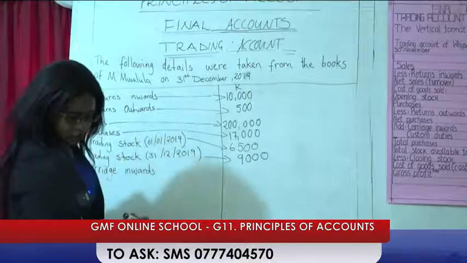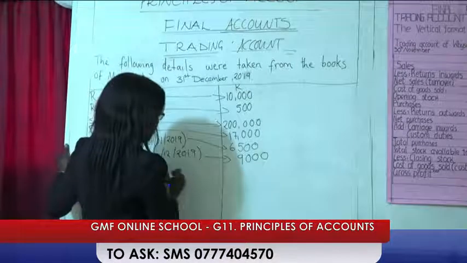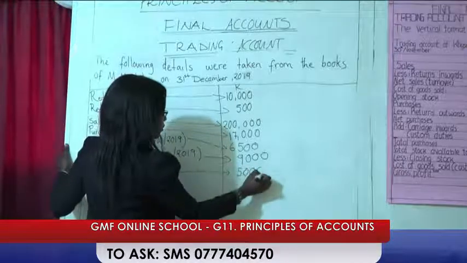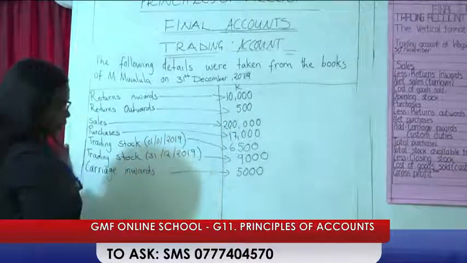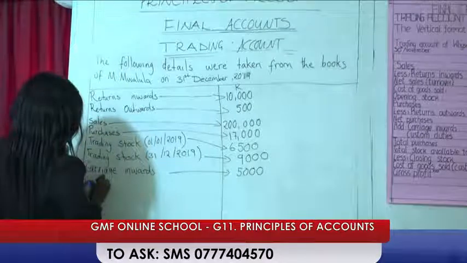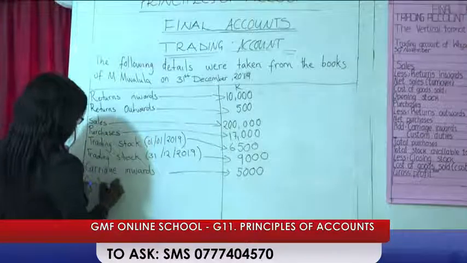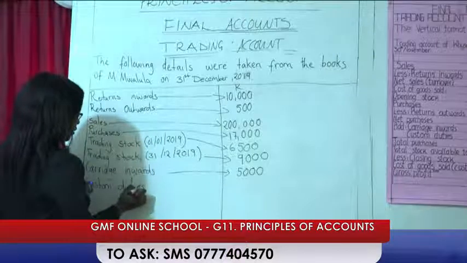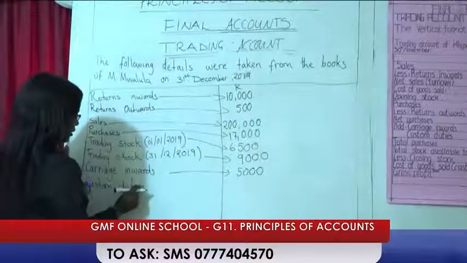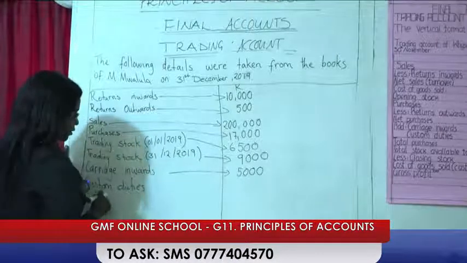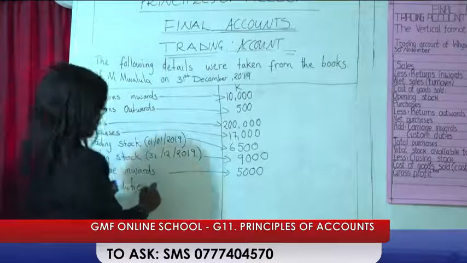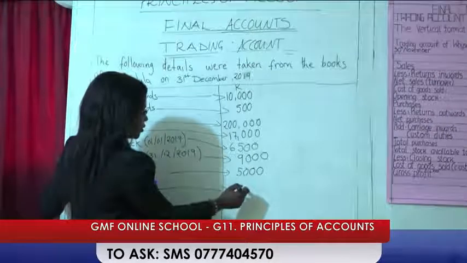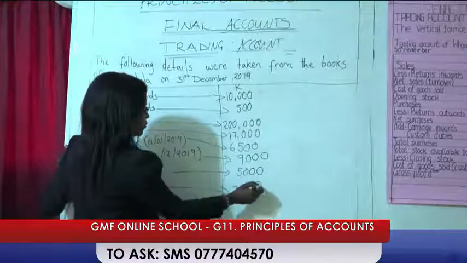How much is the carriage inwards there? We have the 5,000. The last one there, we have the custom duty. So if you look at the format there, we have the same adjustments with the question. Custom duty of 3,000 kwacha.